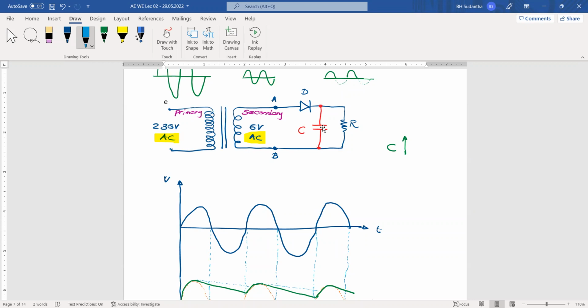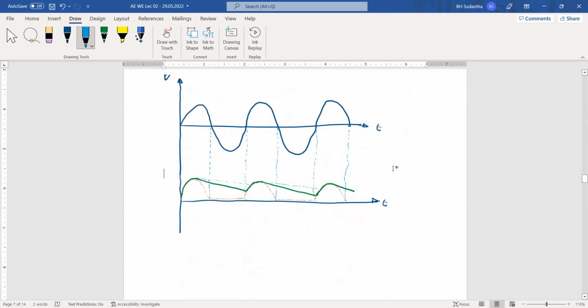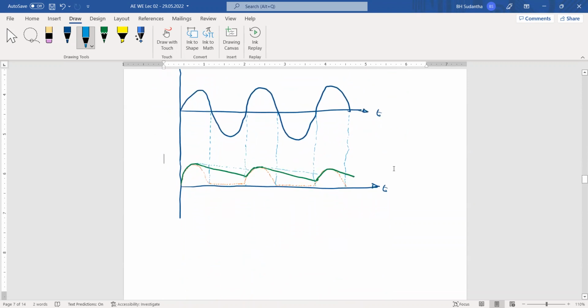But anyway, you can see that if you lower the capacitance, we will have many more ripples, and if we increase the capacitance, the ripple will be reduced. Okay, then ripple voltage means this one.